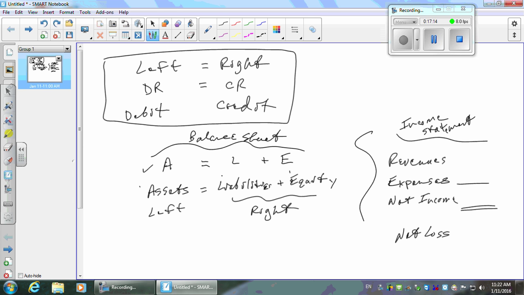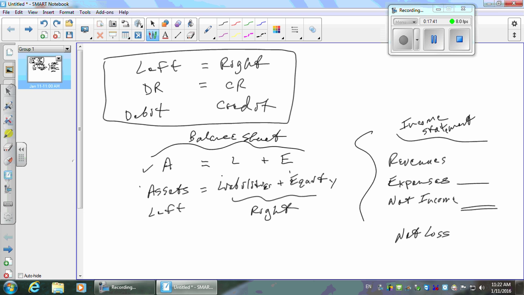Sales are revenues, and maybe rental income, interest income, other types of revenue. So revenues are the increase in our wealth, increase in our equity due to earning. I have more wealth because I'm earning.